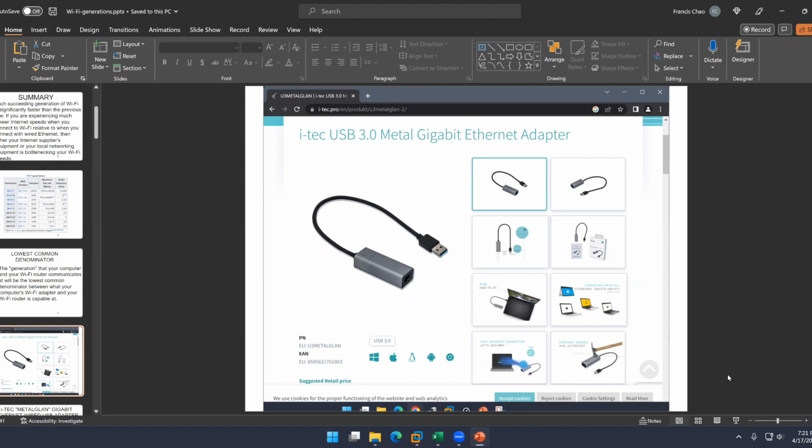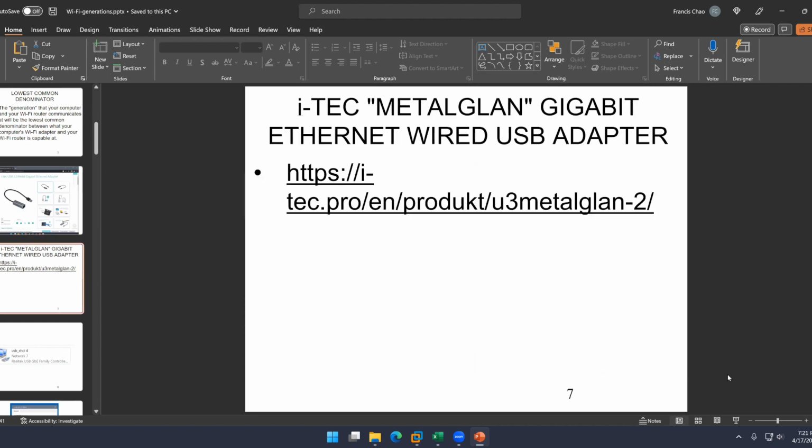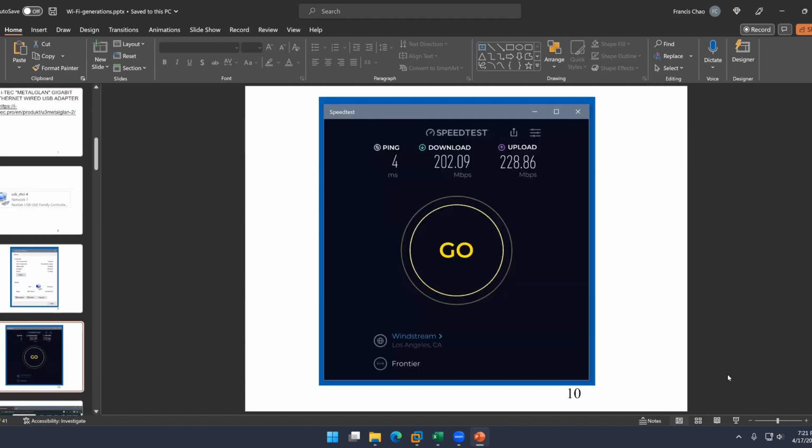So now the only way you can buy one is to go to Amazon in England and have them ship it to you. That's a hard thing to do, but you can buy other ones similar to it that aren't quite as fast. Anyhow, it goes nice and fast, right? 228 upload and 202 download, right?